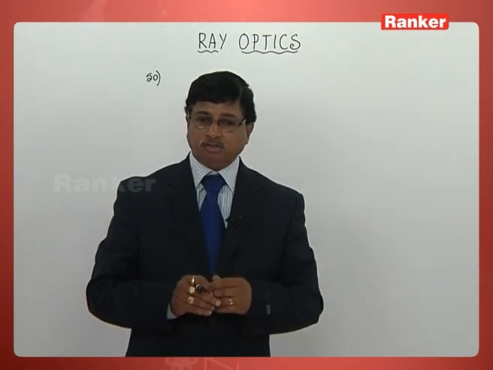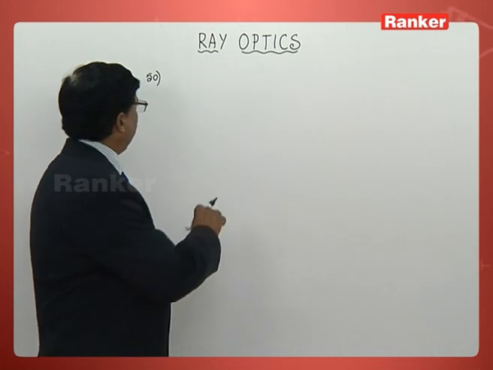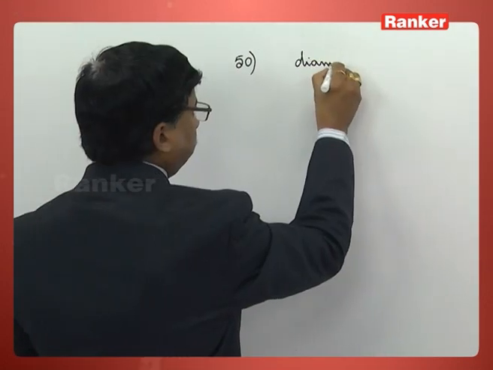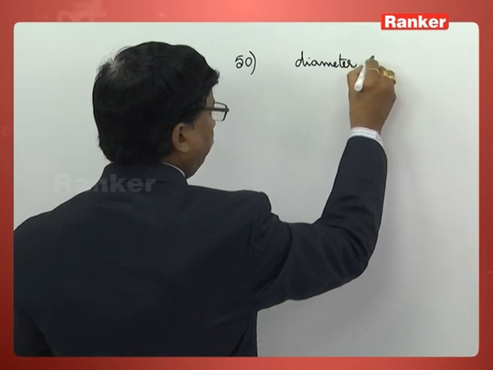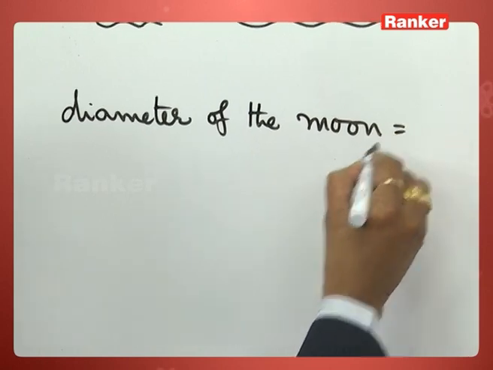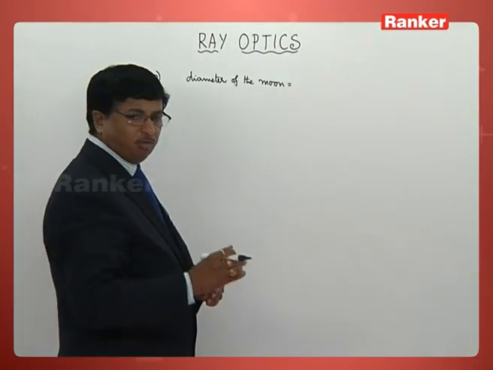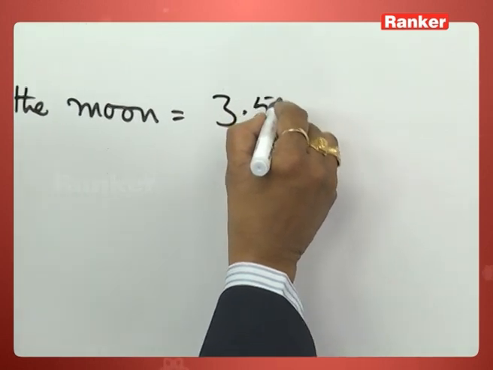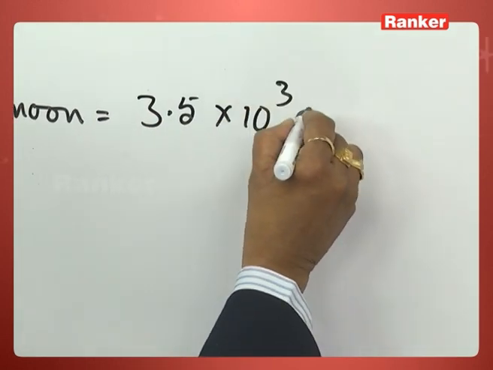So first of all, the diameter of the moon is given. He gave this value as 3.5 into 10 cube kilometer.